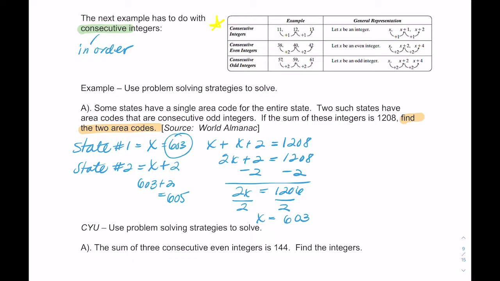So now you can see your 2 area codes are odd consecutive integers. They're odd numbers that come one after the other. So we could say the 2 area codes are 603 and 605.